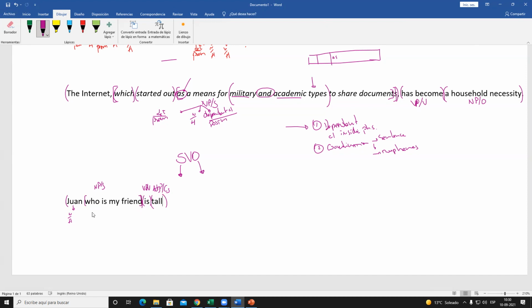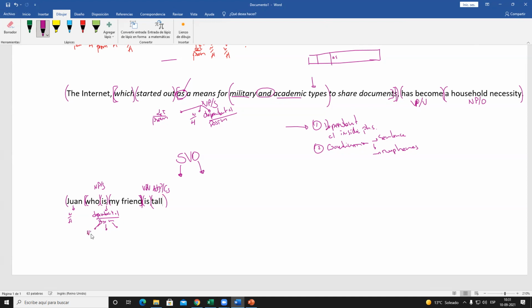As a clause, this is a dependent clause. We're going to provide the name dependent clause post modifier. As a clause, then we have phrases inside of it. This is the verb phrase, this is the subject, and this is my friend, another noun phrase. So three phrases.